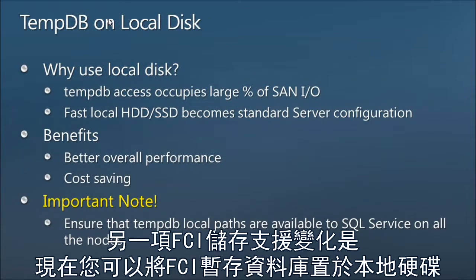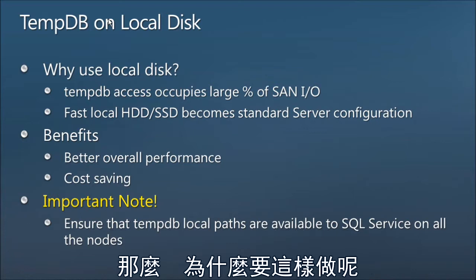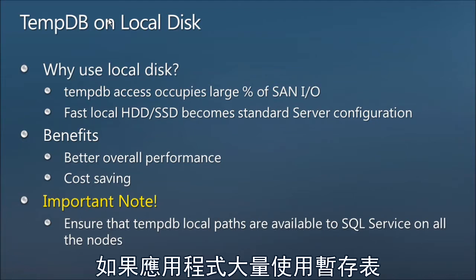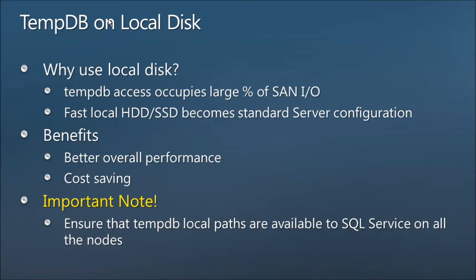Another FCI storage support change is that now you can put your FCI tempdb on local disk. So why do we need this? If your application heavily uses temp tables, your tempdb access to the SAN storage could use a large percentage of your SAN I/O.